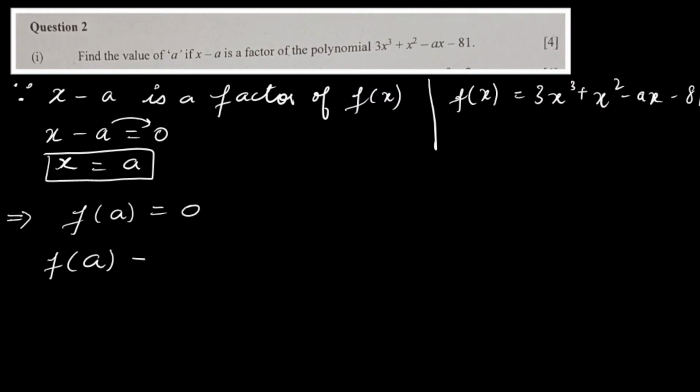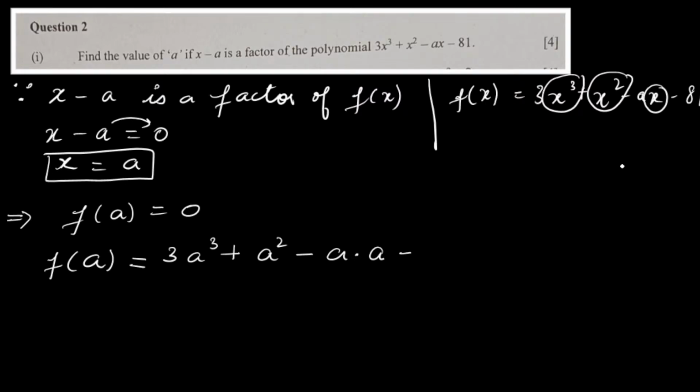So f(a) is equal to, in this polynomial, wherever you see x, replace it with a. So 3a cube plus a square minus a into a minus 81.